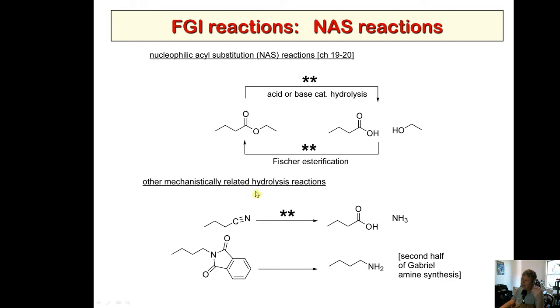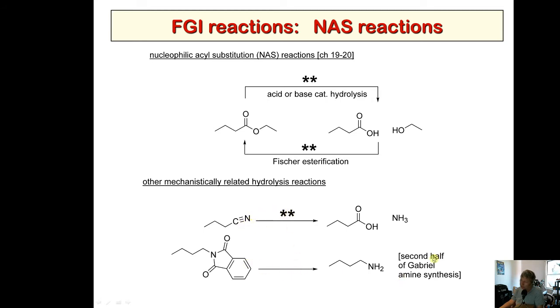Other mechanistically related hydrolysis reactions: nitrile to carboxylic acid, fun one, long, good exam problem because it feels like 20 steps and a lot of potential for little errors, so you got to really pay attention and be careful. Make sure all your formal charges are good and stuff.